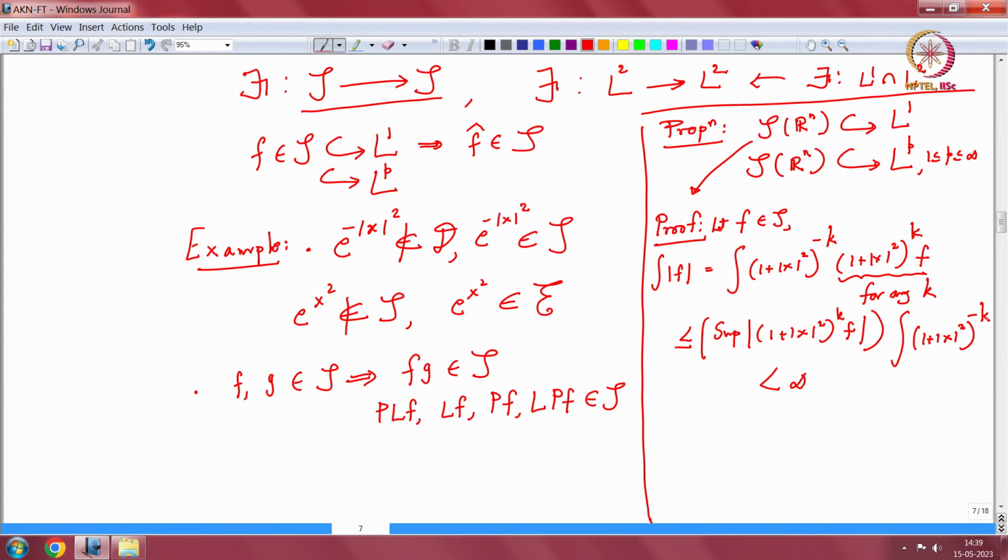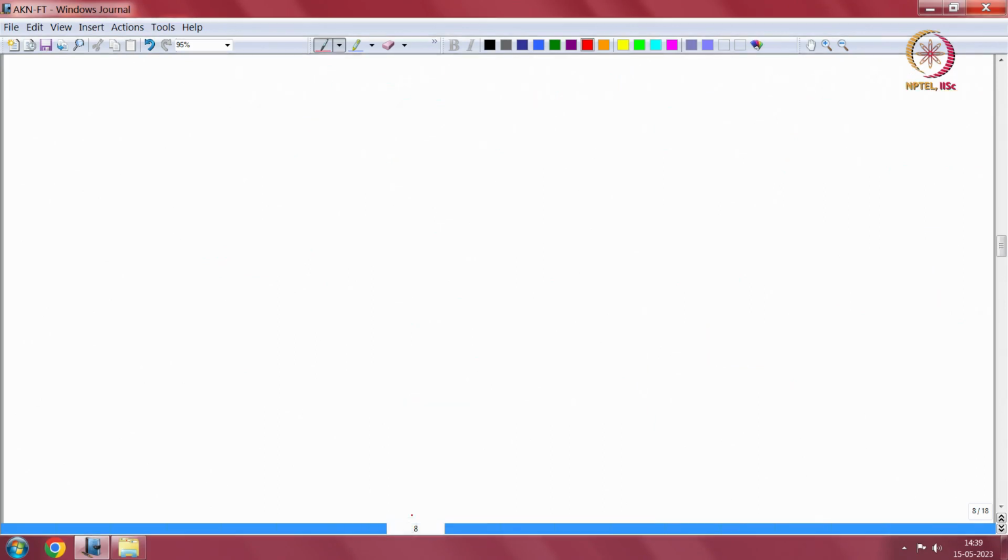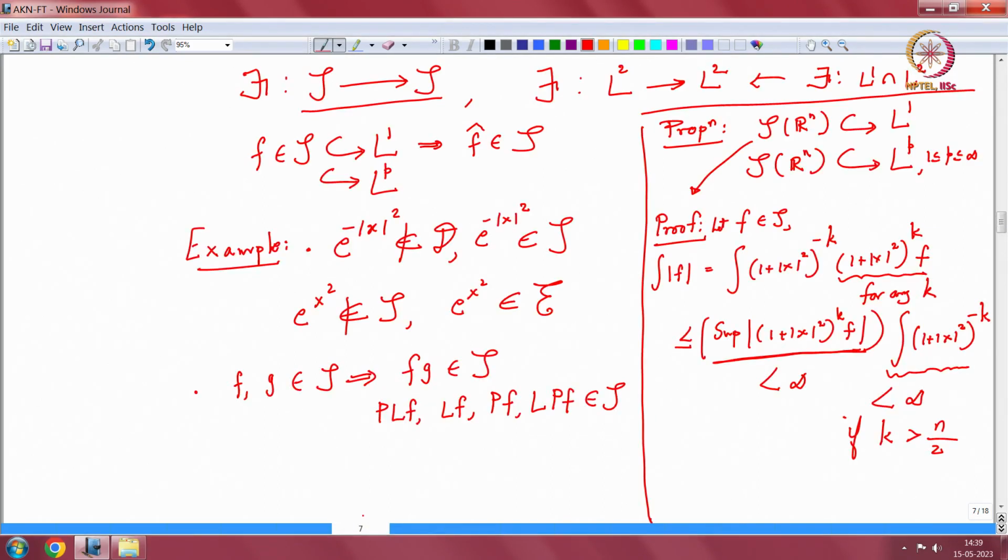But this quantity is finite if k is greater than n by 2. So you can choose some k greater than n by 2, because the other portion is finite for any k because f is in zeta. The similar trick can be used to prove the rest.